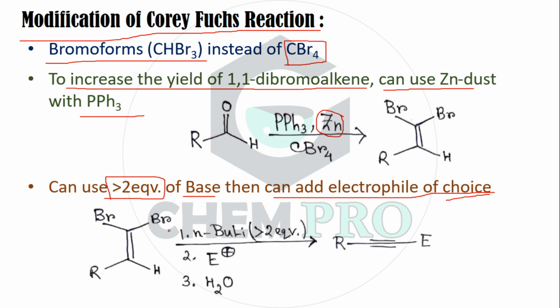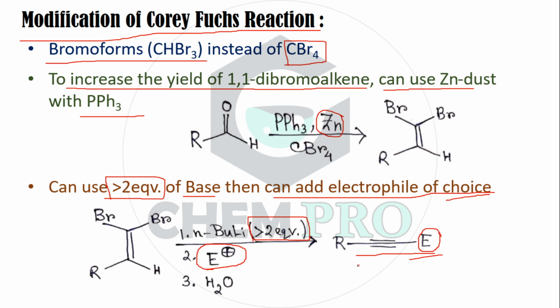So this is the reaction. Here this is the 1,1-dibromoalkene, and we can use more than two equivalents of the base, and if we use an electrophile, then in the product there is the desired electrophile in the place of the hydrogen in the product.